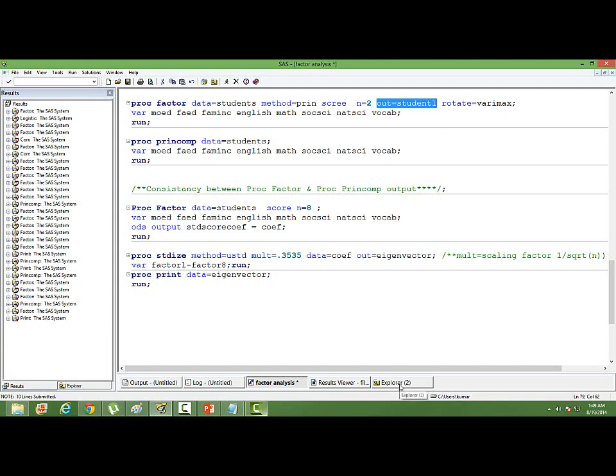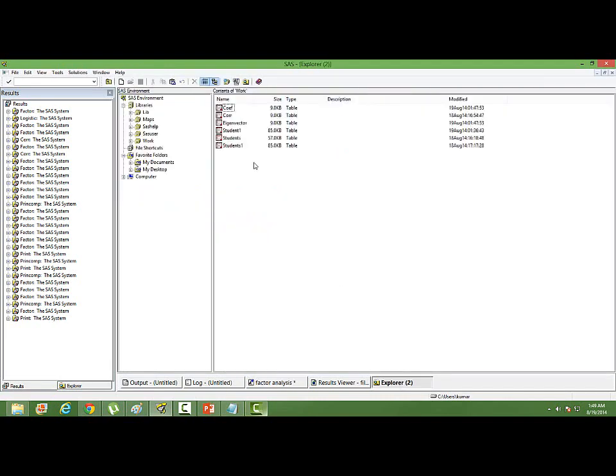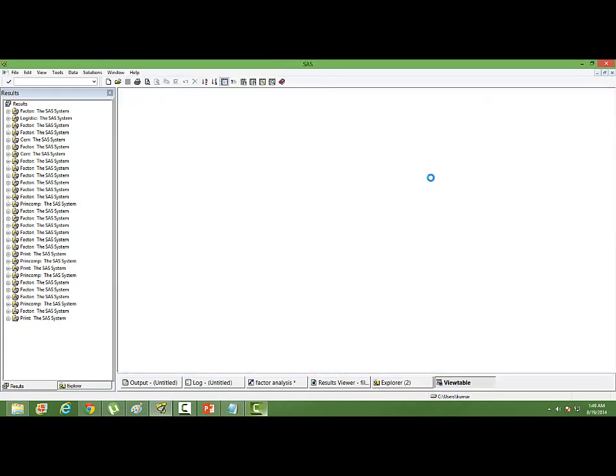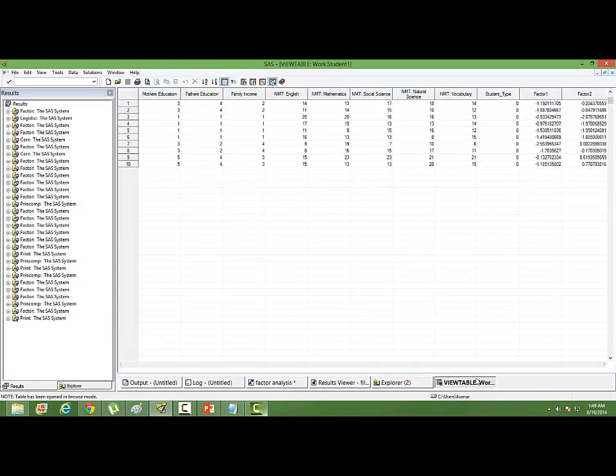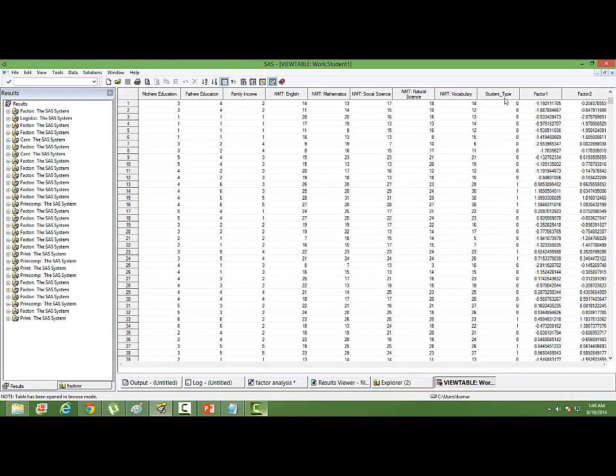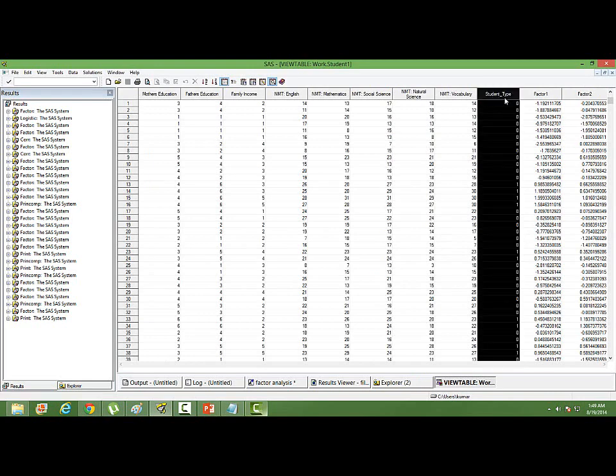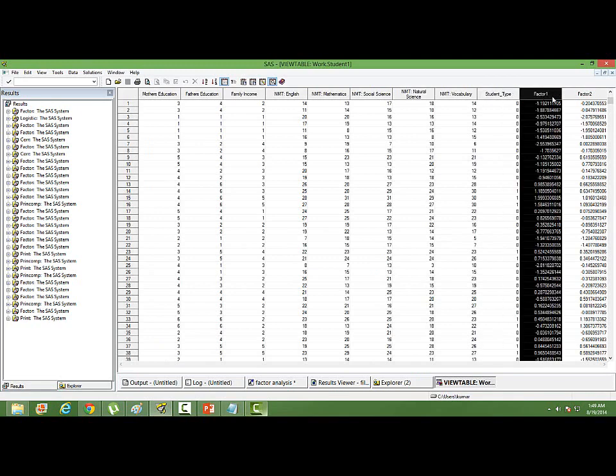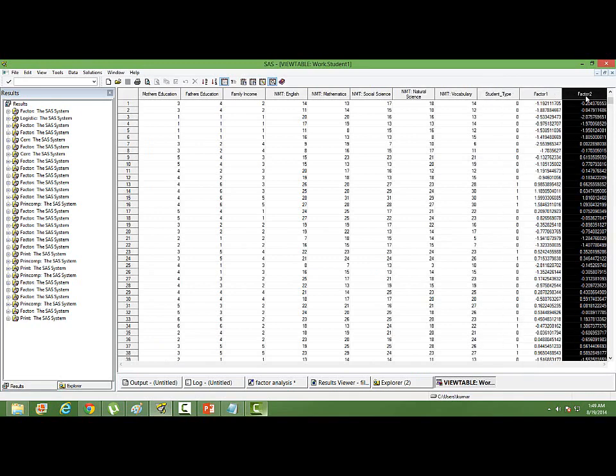Let us go to the model. I can use student underscore type as my dependent variable, and as my independent variables I can use component 1 and component 2. I don't need to use any of these variables. That's how we reduce the number of variables.